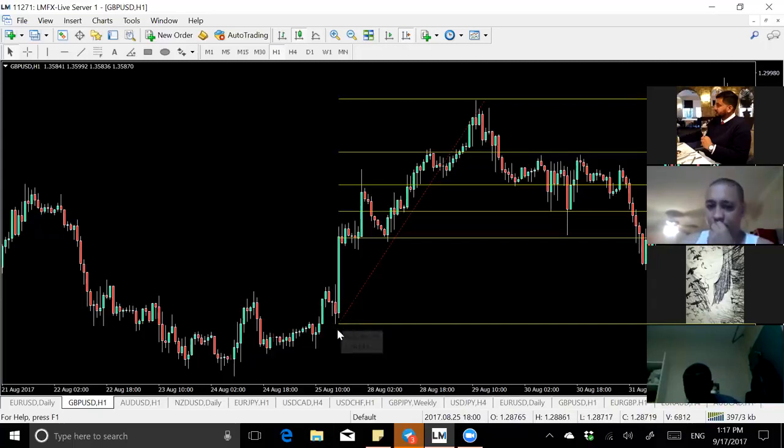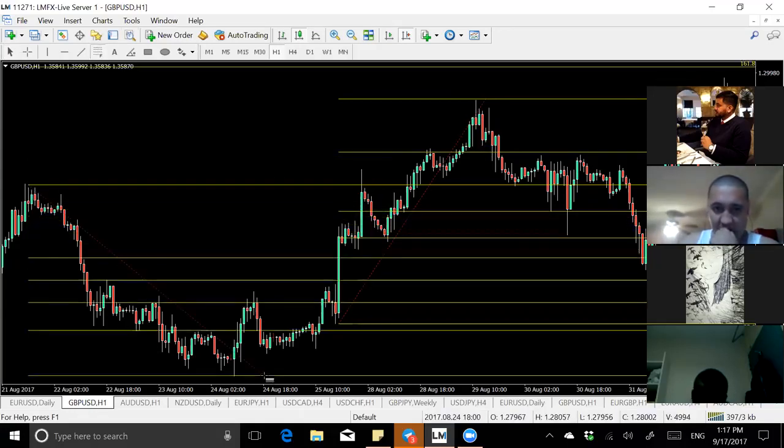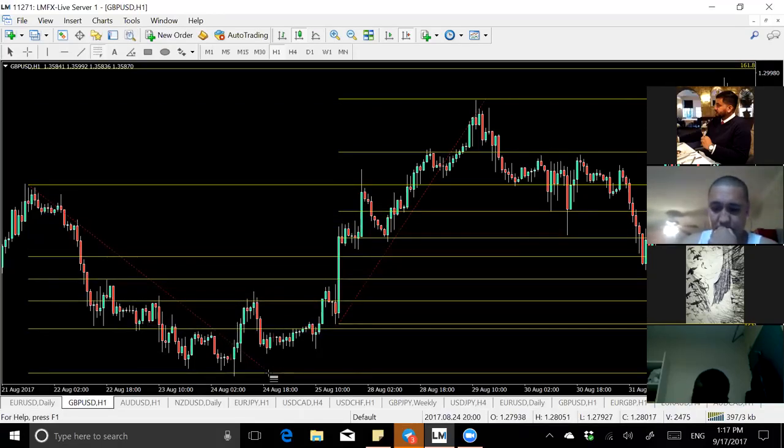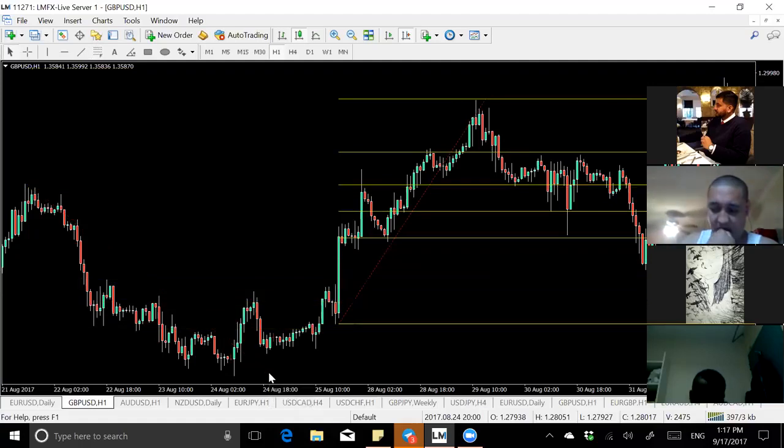So this is how you draw your Fibonacci, from this most recent low to high. In this case, we're drawing from here to there because this is the buyers stepping in. If we drew it for sellers, we would simply take it and draw it this way, upside down. So nothing complicated there. So we draw this here.